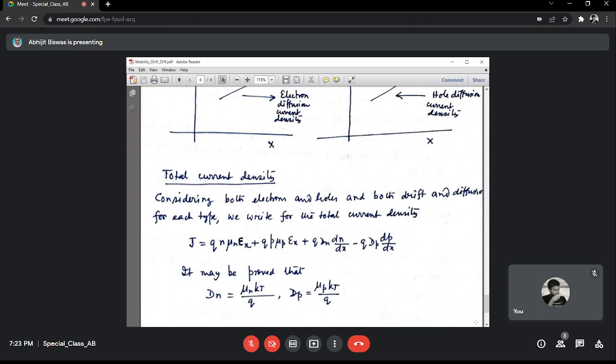Therefore, in a semiconductor, the current density has four components: two for electrons, two for holes, and one for the drift mechanism and another for the diffusion mechanism. And it is a very important relationship. It is called the Einstein's relationship, D by mu equal to kT by q. It holds good for both electrons and holes.